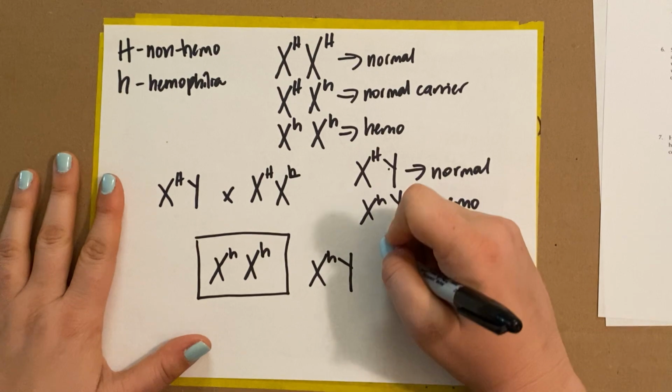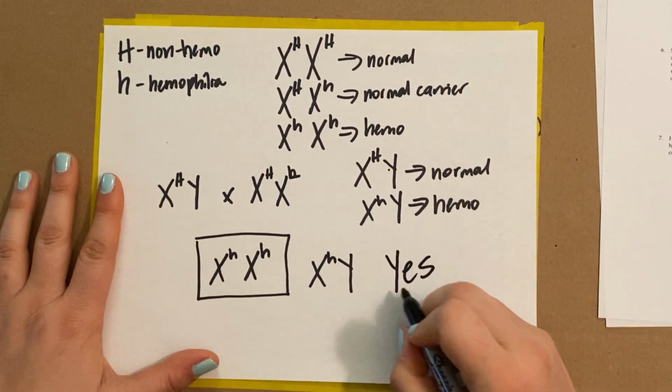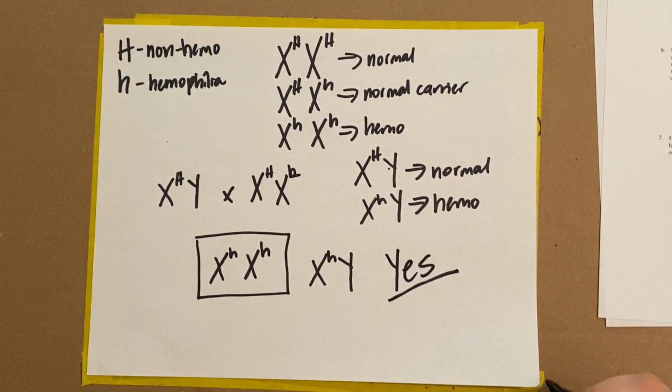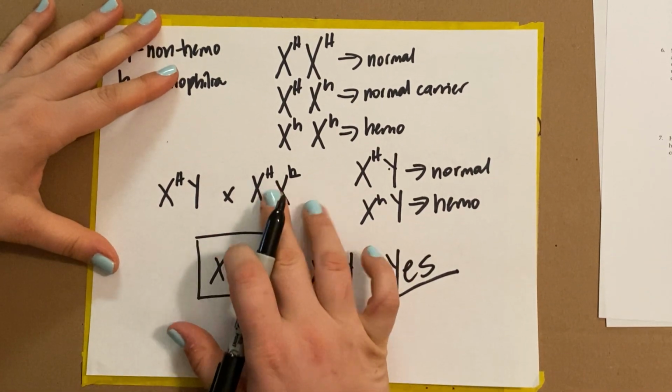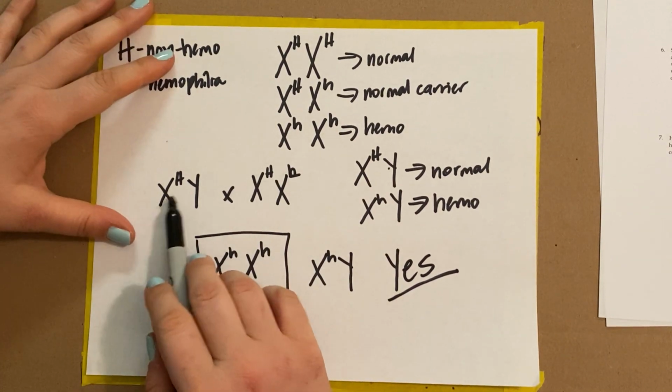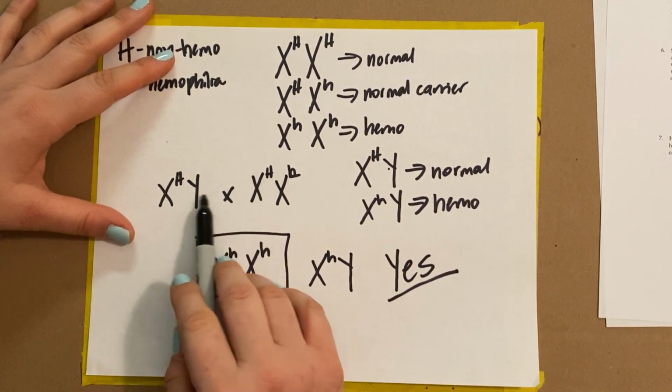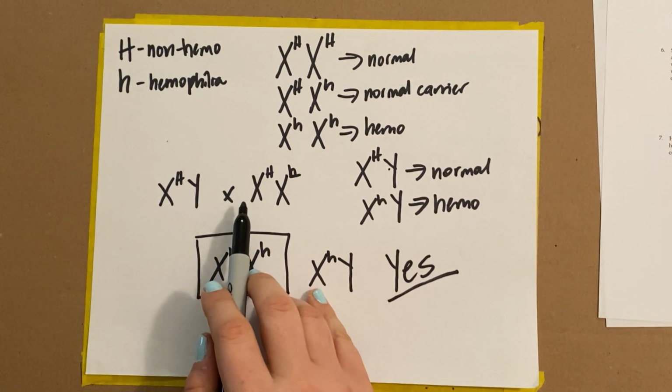So yes, there is evidence that cheating took place, because this is what we would assume the cross is, and this would not produce any female children that were hemophiliacs.